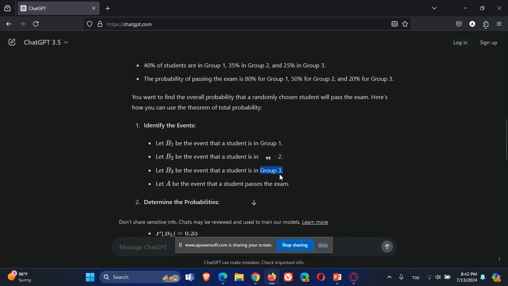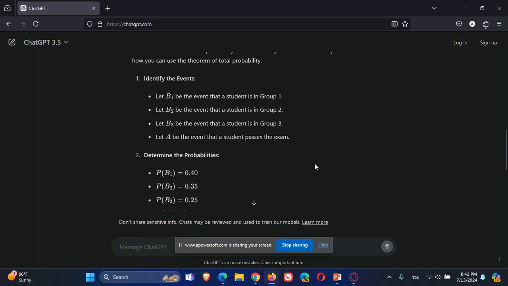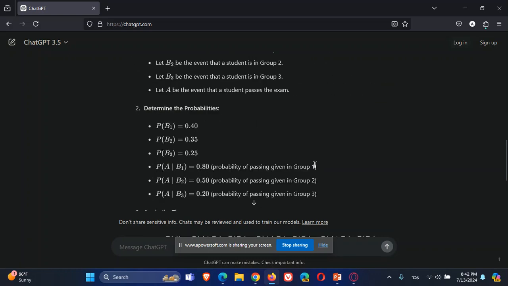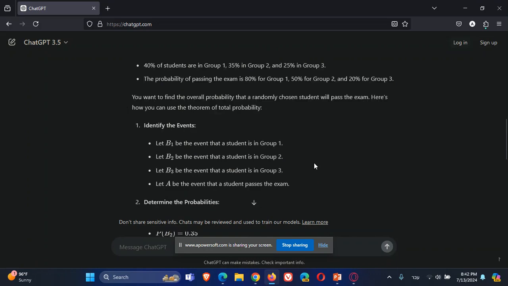He can't be in two groups at the same time. So they are mutually exclusive. Also, they cover all the possible outcomes: a student is in group one or group two or group three. There is no other choice.